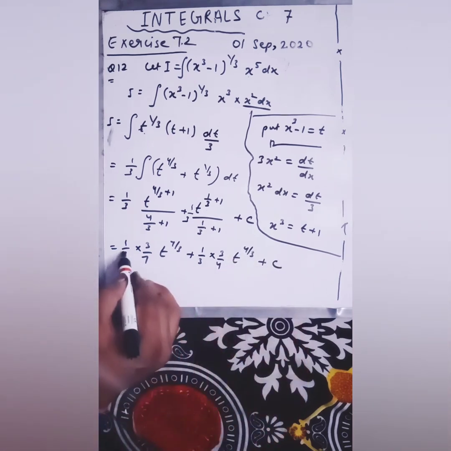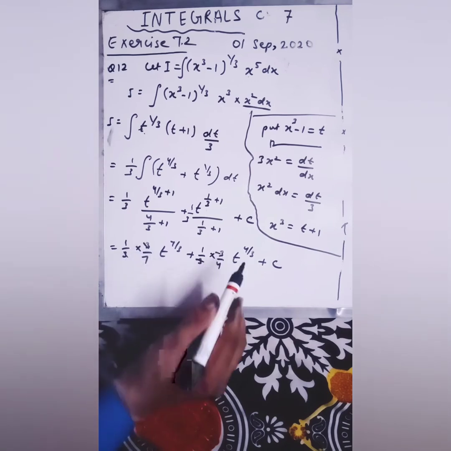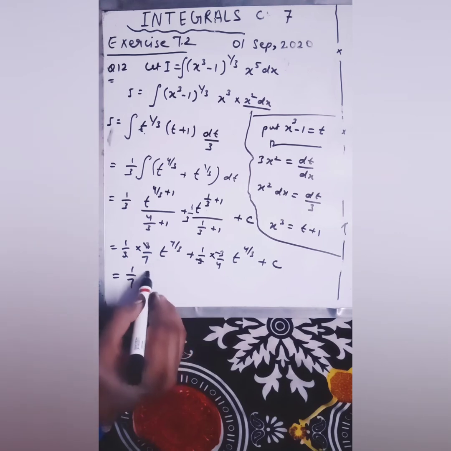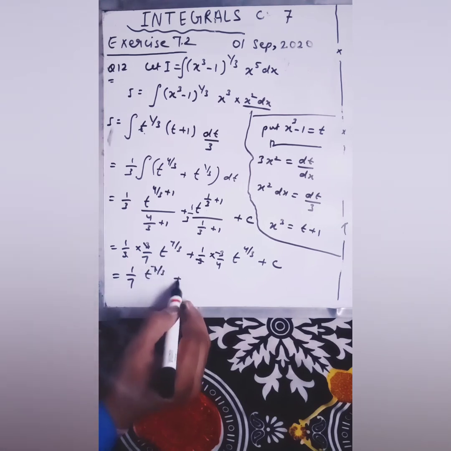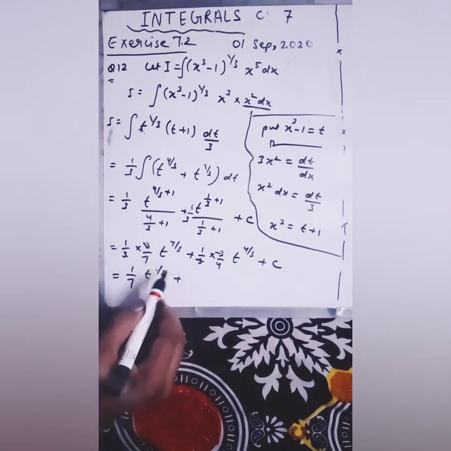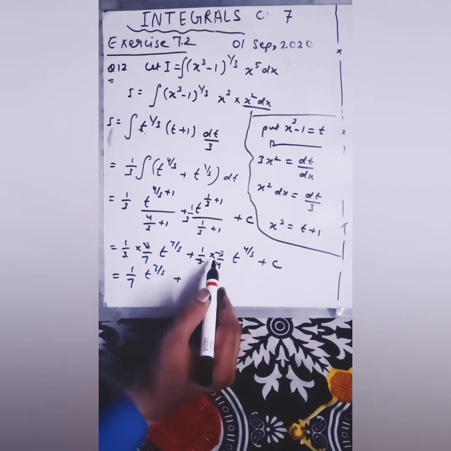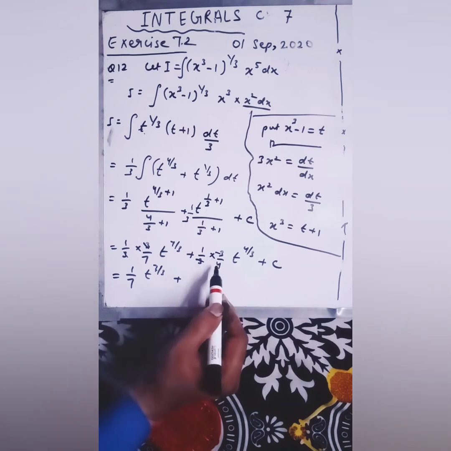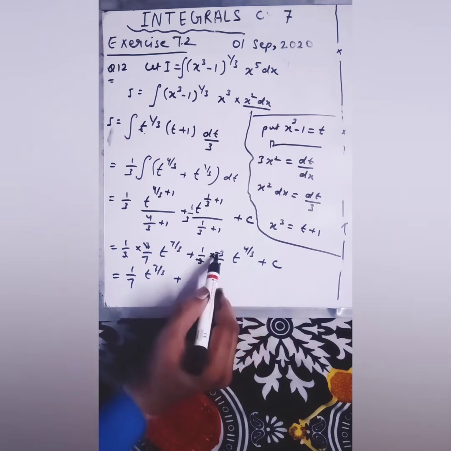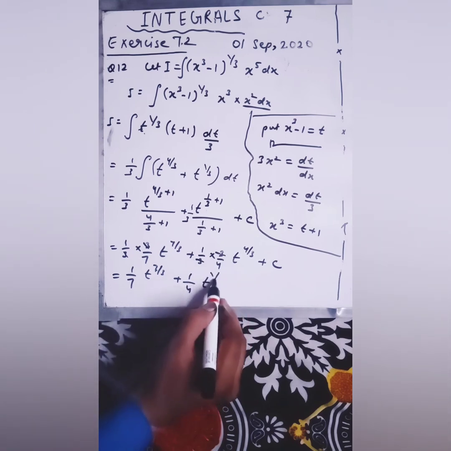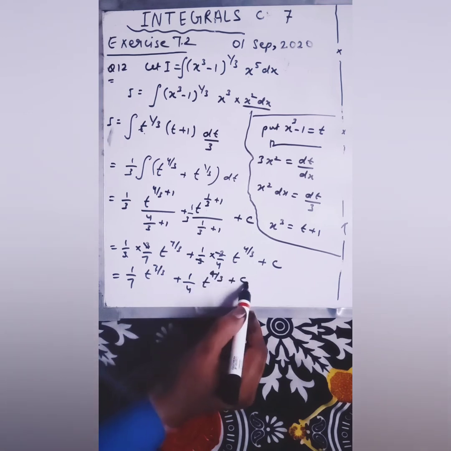So this 3 and 3 will cancel out, this 3 and 3 will cancel out, and you will get 1 by 7 t raised to power 7 by 3 plus 1 by 4 t raised to power 4 by 3 plus c.